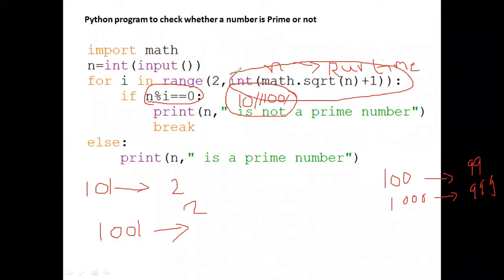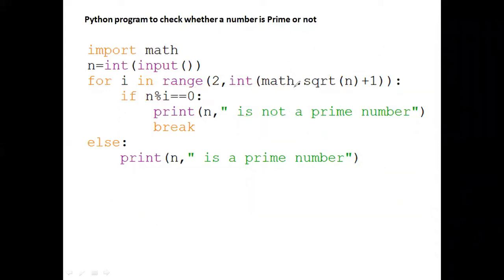What is the formula here? The formula is SQRT of n plus 1. What is the SQRT of n plus 1? For example, I want to find whether the number 101 is prime or not.